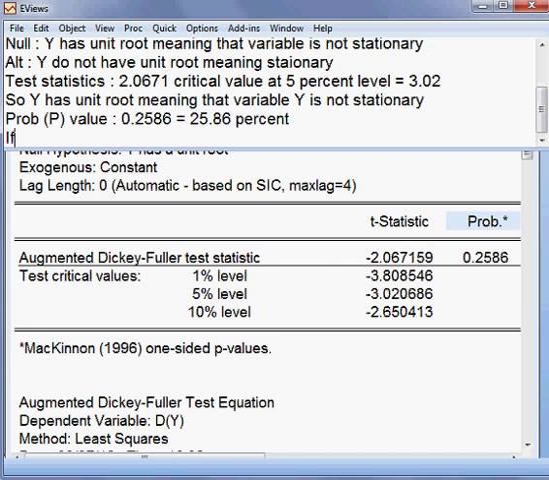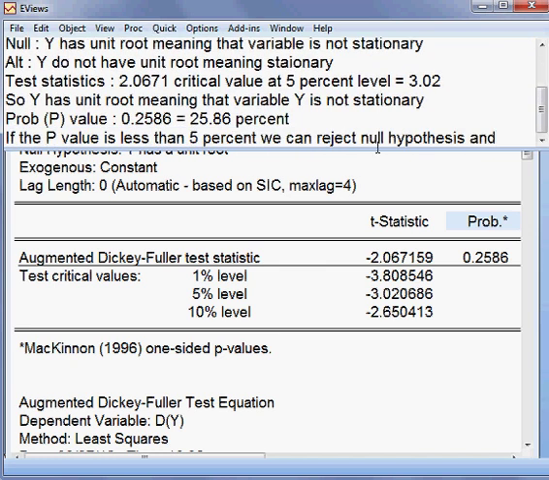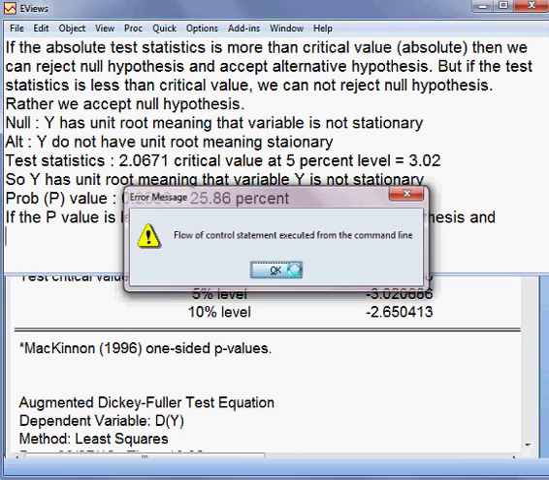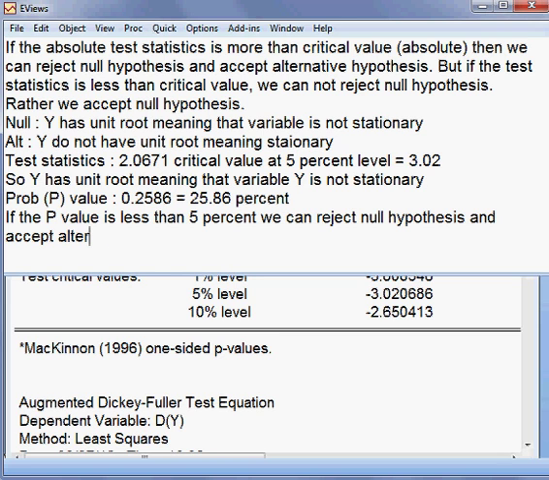The guideline is, if the p-value is less than 5%, we can reject the null hypothesis and accept the alternative hypothesis.